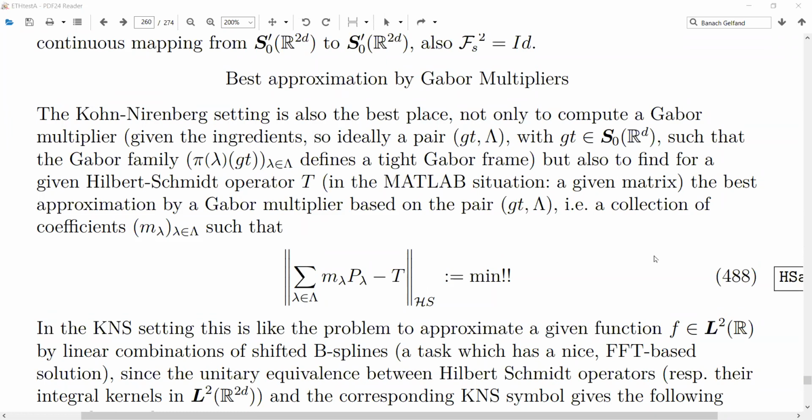It turns out that the Gabor multiplier is an operator which allows us to approximate a slowly varying system quite well.